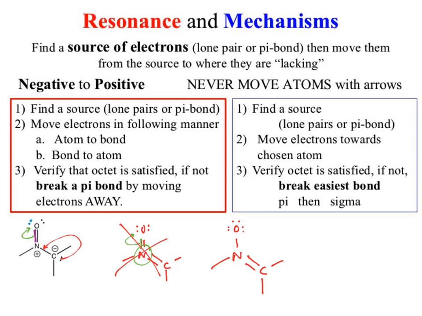It stays the same. What happened to the oxygen? It gained electrons. Electrons were moved towards it. If it gains electrons, it needs to become negative. So one option, we calculate all the formal charge, right? Painfully. Second option, we use the meaning of the arrows to help us evaluate it.